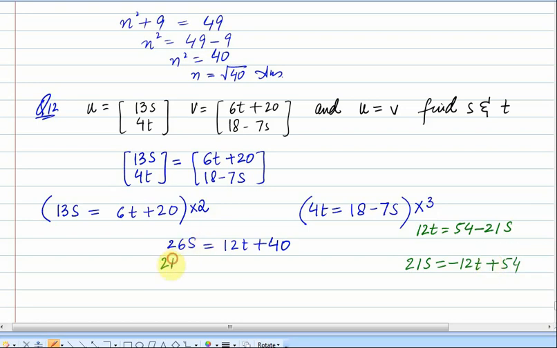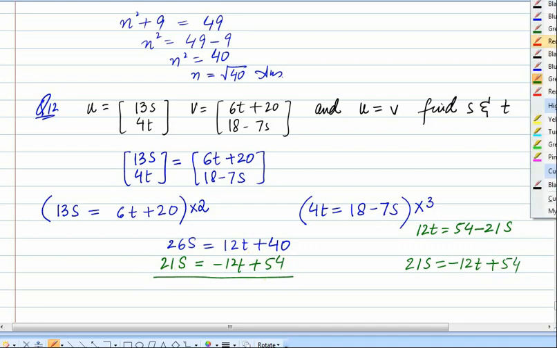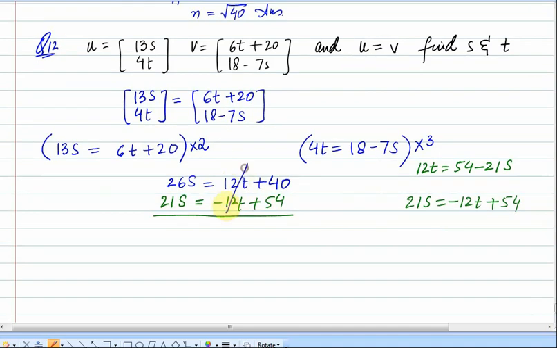I can eliminate that variable t from this. Plus minus cancel. 26 plus 21, it's 47. 47s is equal to 54 plus 40, it's 94.